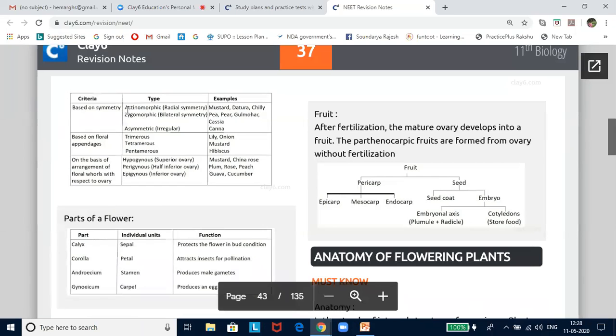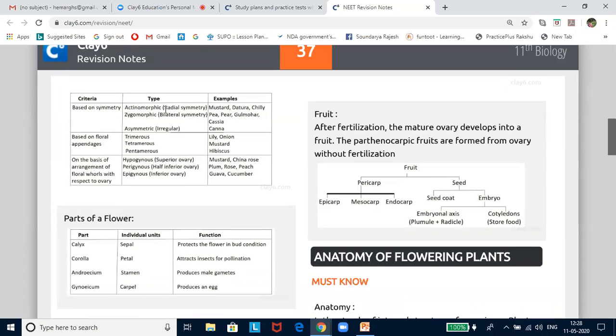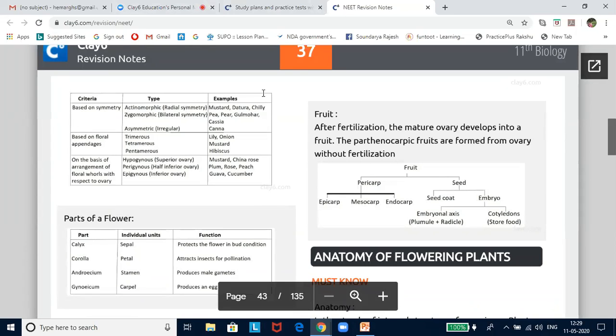It is based on the symmetry. If a flower can be divided into two halves by a plane passing through its center, then it is known as an actinomorphic flower. It is similar to radial symmetry of the animal kingdom. Example, mustard, datura, and chilli. Zygomorphic: if the flower is divisible into two halves in only one plane, it is known as zygomorphic.